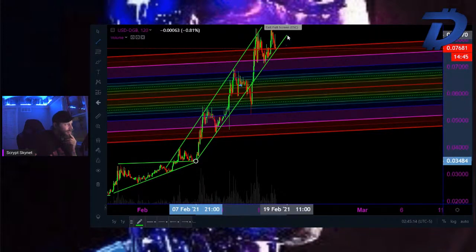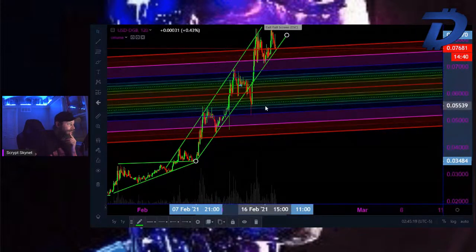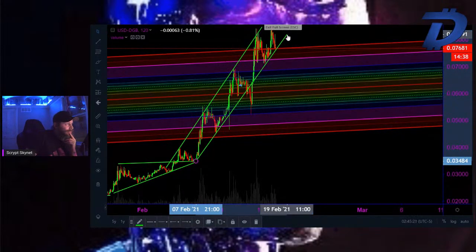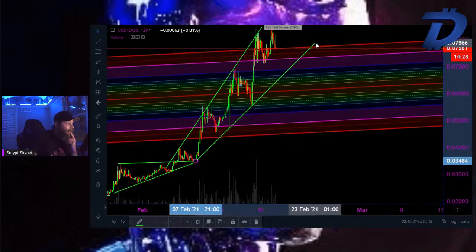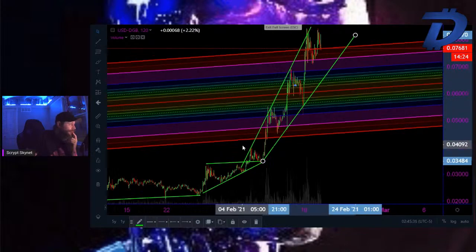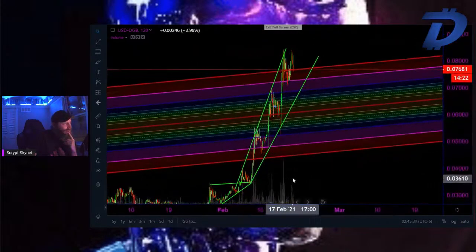Another thing is there's this low candle here, right? It could make another low candle here. So if that's the case, it's going to have to be right here. But that looks kind of funky, doesn't it?